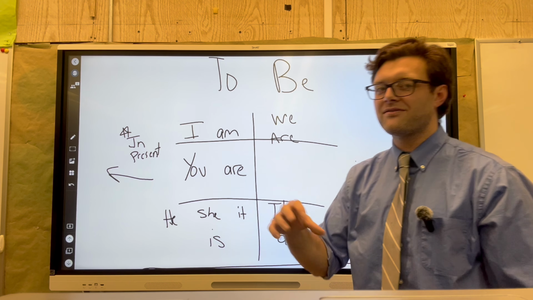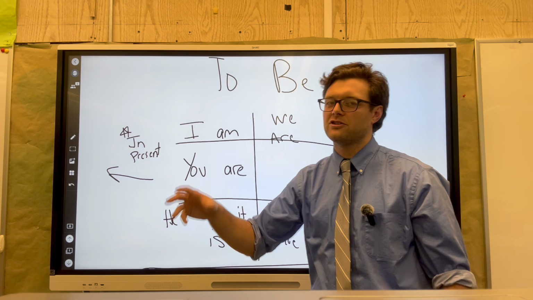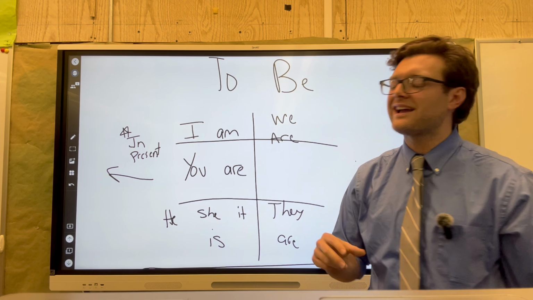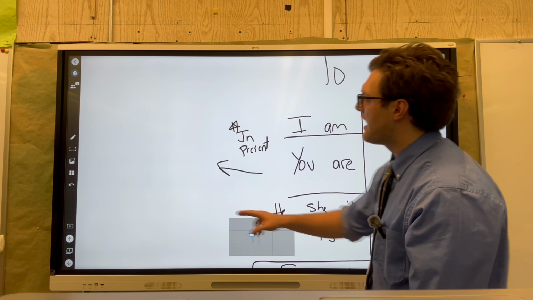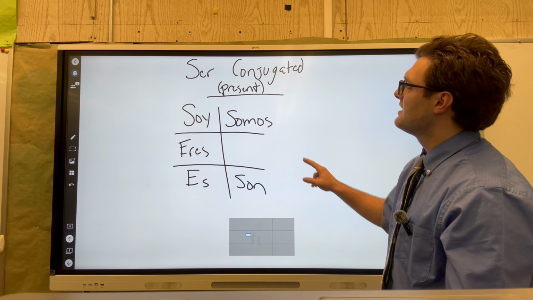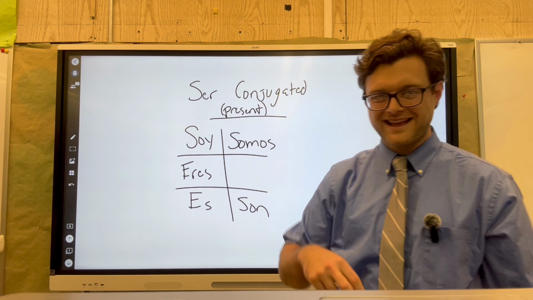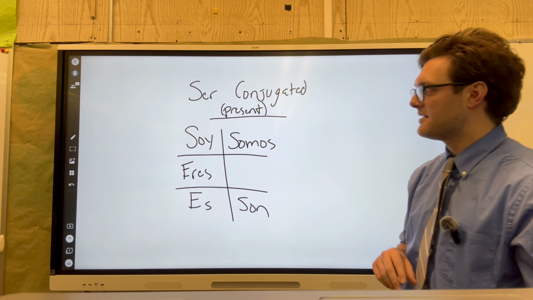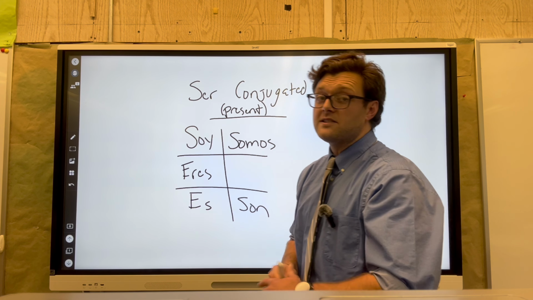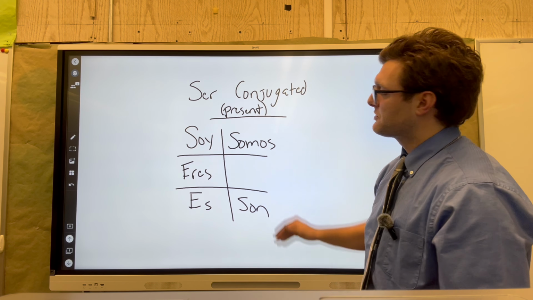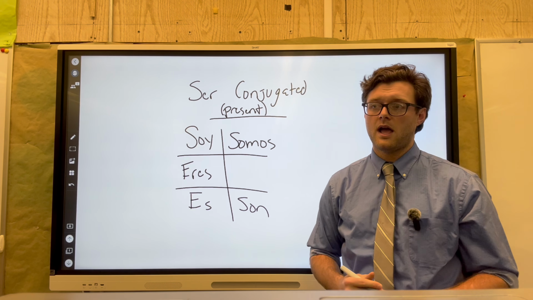All right, so now that we have this down at our basic English level, let's first see how do we conjugate ser. And over here I have another grammar table that has every way to conjugate ser in the present tense. So we're focusing just on the present tense today. Again, as you'll see, every box represents a different subject.